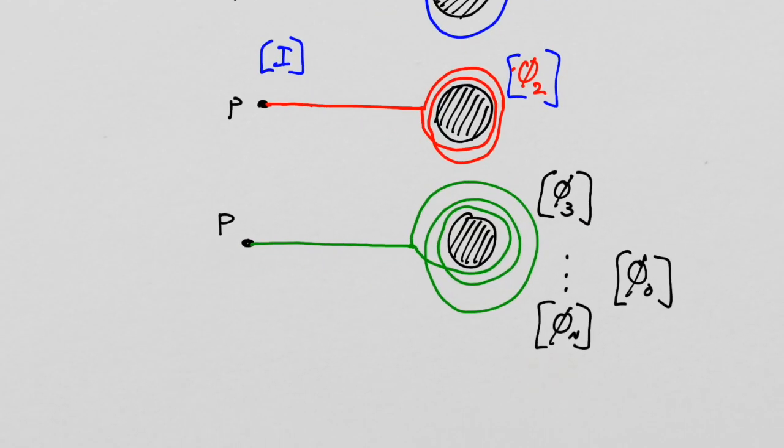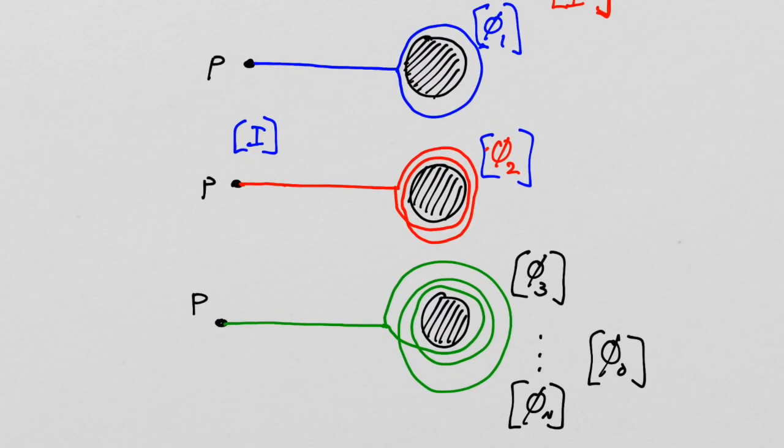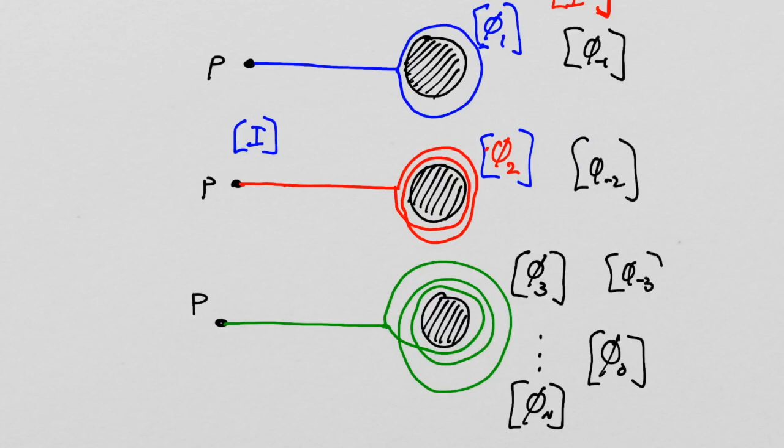And obviously I can do this forever, and not only do I produce a countable infinity of equivalence classes that go on forever, but I also create all of their inverses, right? I create phi negative 1, phi negative 2, phi negative 3, okay? And then I create phi negative n, for example.